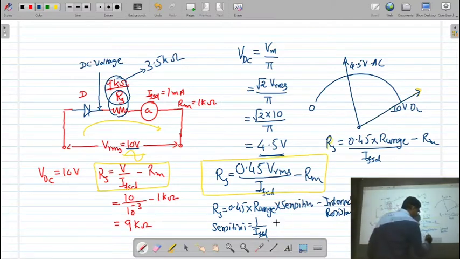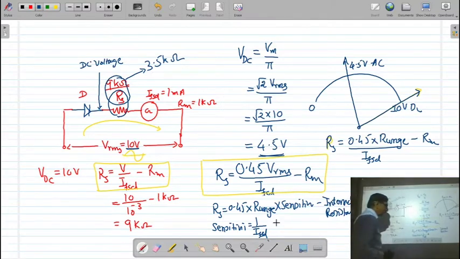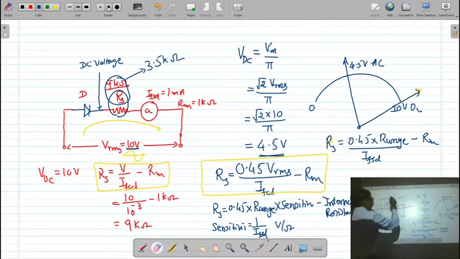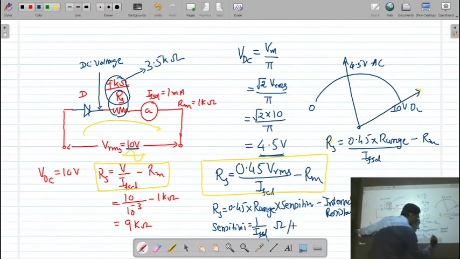And if you see the unit, the current I is equal to V by R. Correct? And therefore this unit comes out to be volt per ohm. Sorry, it is ohm per volt.